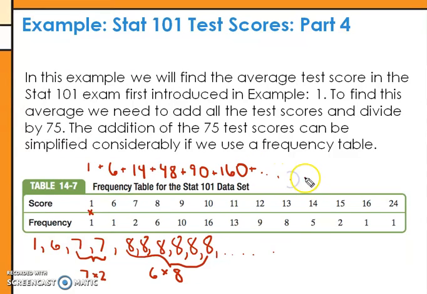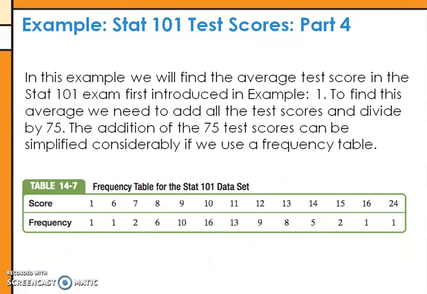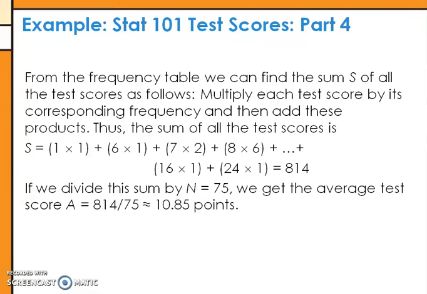That can be way quicker. You're grouping them together using multiplication. And so if I do that and add them all up, for this specific example, I get 814 as my total. So that'd be the same thing as if I wrote out the whole list and added up all those numbers.